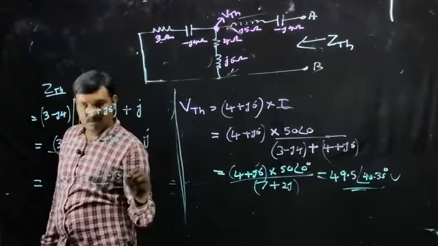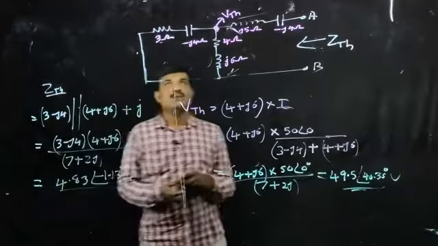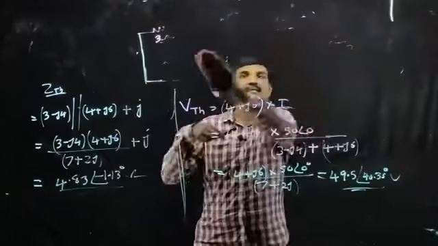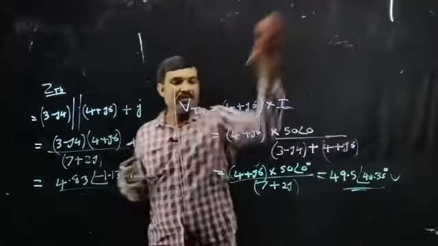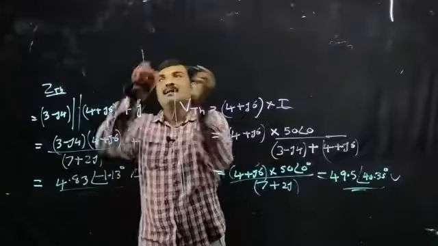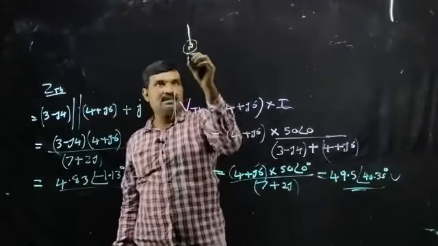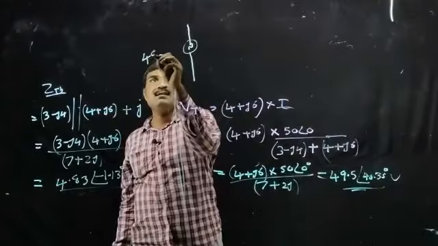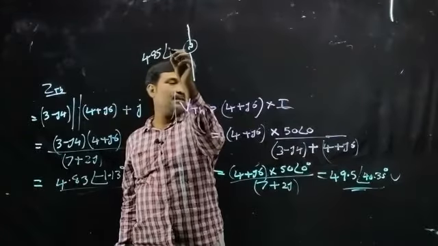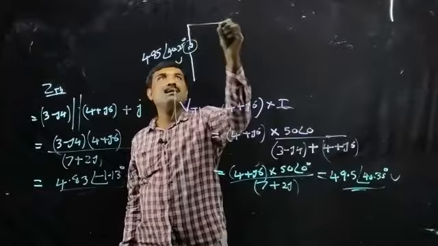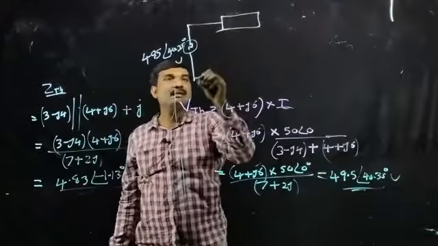This much ohm. Right. So we can draw Thevenin's equivalent circuit as, okay, we have an AC source, right? This value is given as 49.5 at an angle 40.35 degree, this much volt, and we have a series impedance.